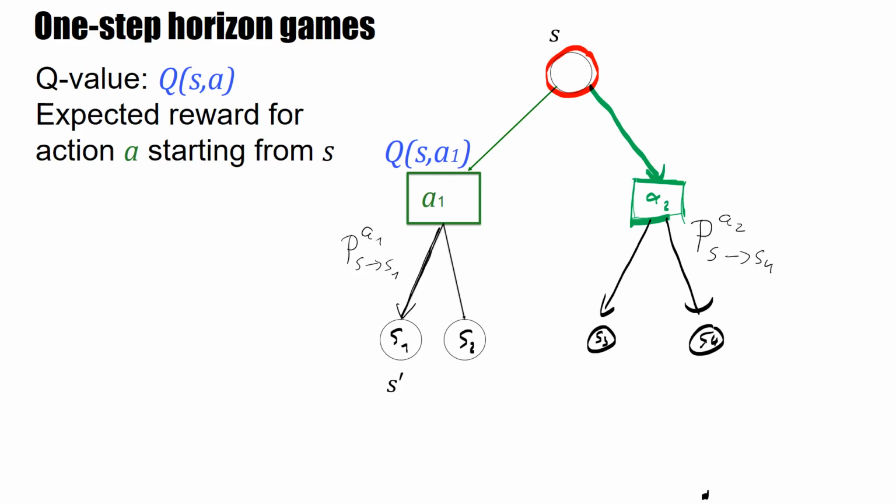So now the famous Q value, one of the most central notions of reinforcement learning theory. This Q value is the expected reward for action A, such as action A1 or action A2, for a given action starting from the state S. Now, let's try to calculate this with the information I give you.